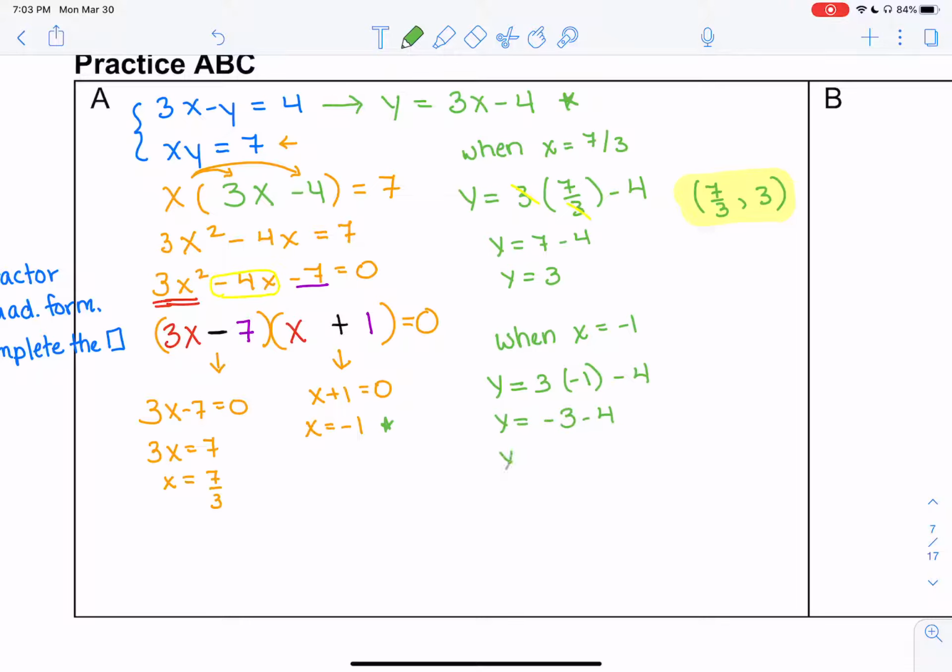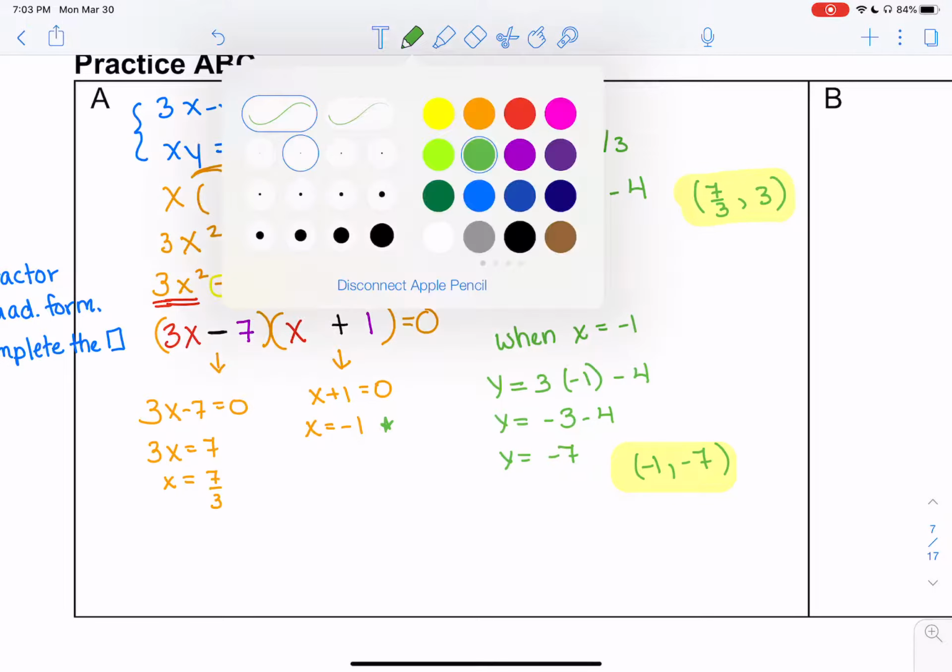Subtract another 4, I end up with a -7. So this solution would look like this: -1, comma, -7. I'll go ahead and highlight that as my second solution. All right, this one is kind of an easy one compared to several others on this lesson, so stay tuned here. We're going to go through some more together.